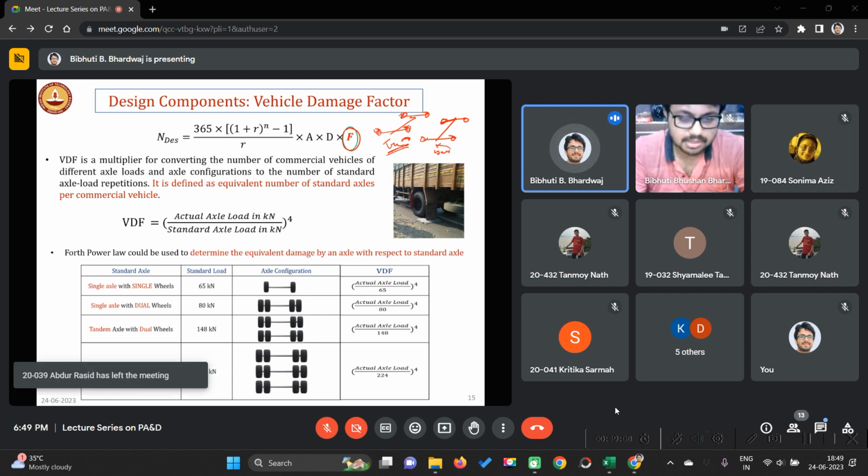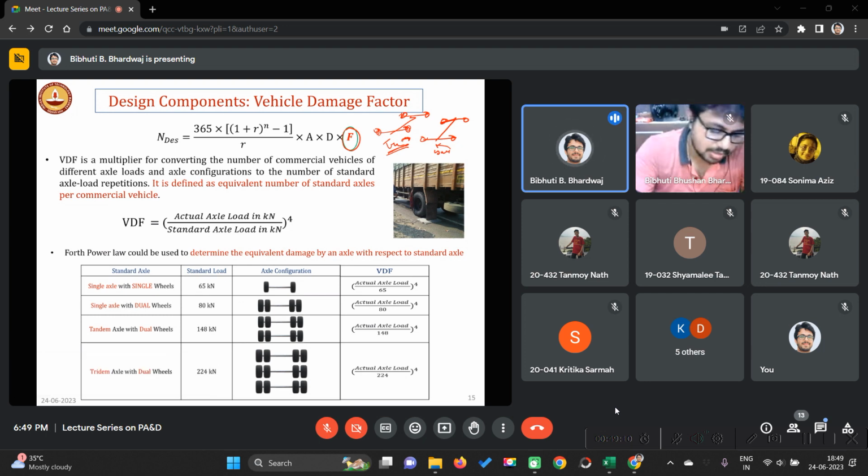If you remember in traffic engineering, you have learned one term called PCU, passenger car unit. That means we don't directly tell that this many vehicles are moving, because one vehicle can mean one truck, or one bike, or even one cycle. So saying 1,000 vehicles are moving per hour is not a good idea.